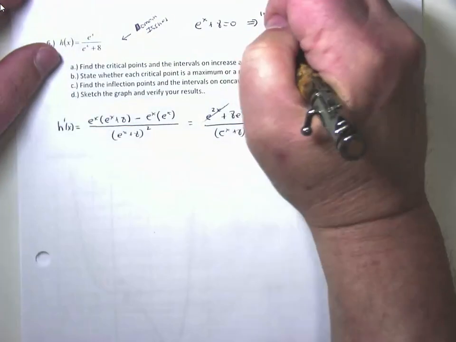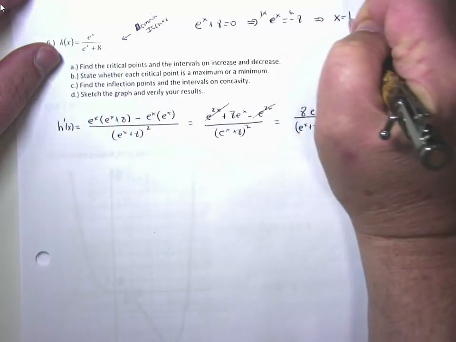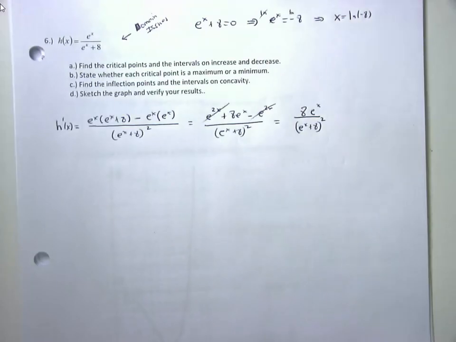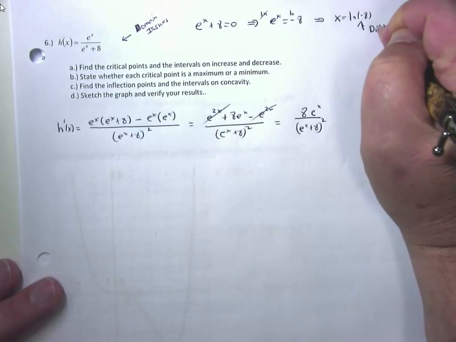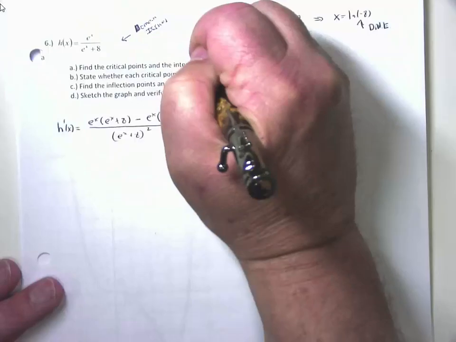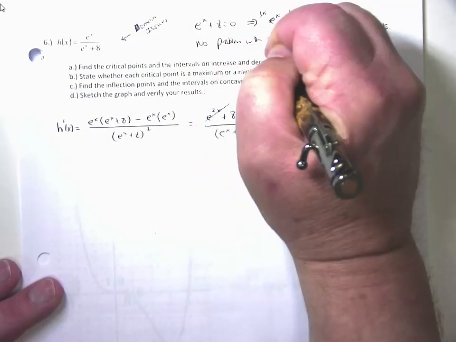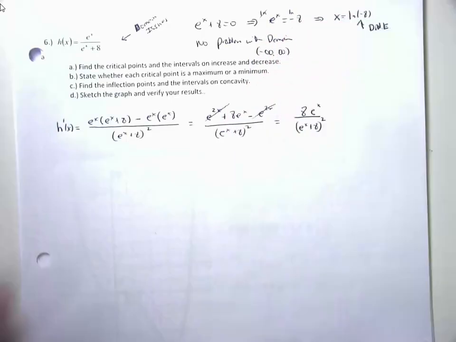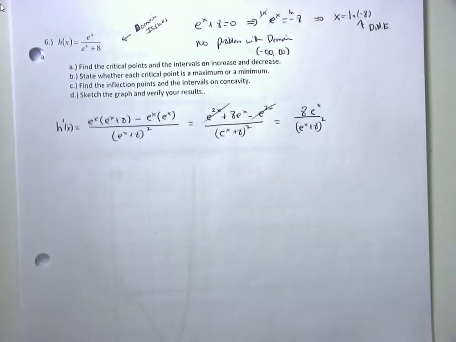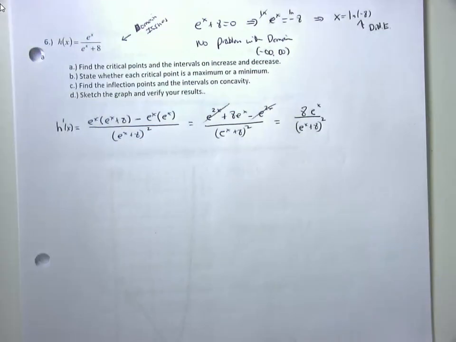So I'm going to take the natural log of both sides. And it gives me x is equal to the natural log of negative 8. But guess what you can't take the log of? Negative numbers. This does not exist. So no problems with domain. Your domain is going to be all real numbers. I don't have to worry about dividing by 0 because when I try to solve the denominator equal to 0, it actually doesn't exist because you can't take the log of a negative number.